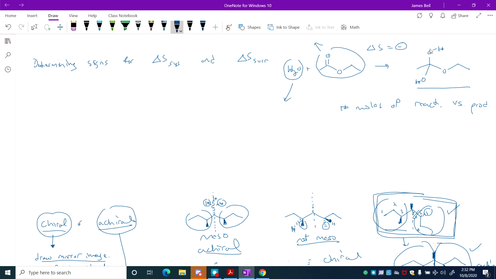If I combine them together, there's almost always less. So the best shorthand way of judging the sign for delta S is to look at the moles on either side. It's very unlikely that I would give you a reaction where there are equal moles on both sides and ask you to judge entropy. There'd have to be some information about the state of matter in that case.